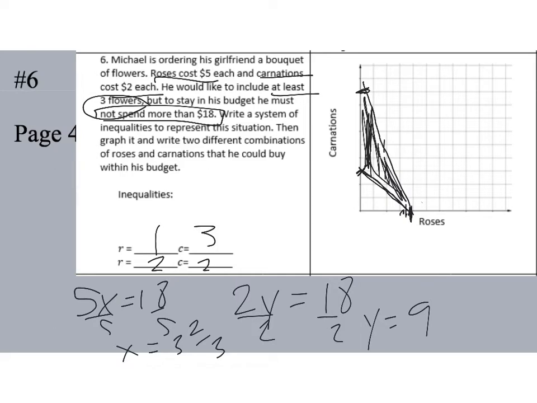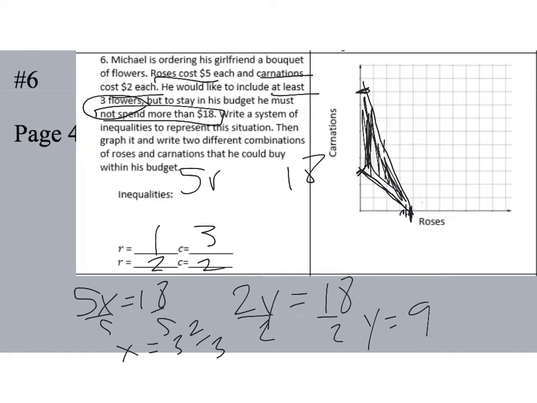So now I need to write the inequalities. There are a lot of ways to do it. We can find the slope and y-intercept, but I'm going to write this in standard form because I think that makes more sense in this case. We know that he's not allowed to spend more than 18. We also know that roses cost 5.